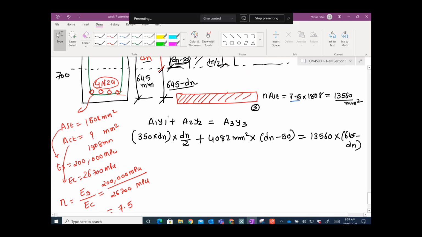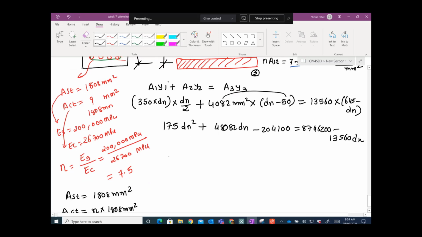Now this is a quadratic equation, so it's a little bit challenging, but it's doable. So you just simplify that. 350 over 2 is 175 dn square, plus you have 4082 dn minus this multiplied by 50, you get 204100, equal to, you can expand this bracket as well, 8746200, take away 13560 dn.